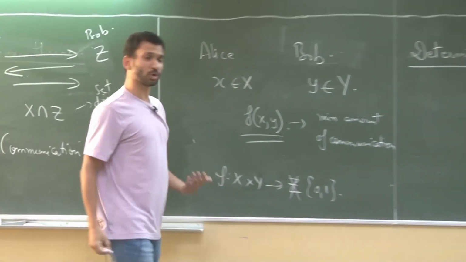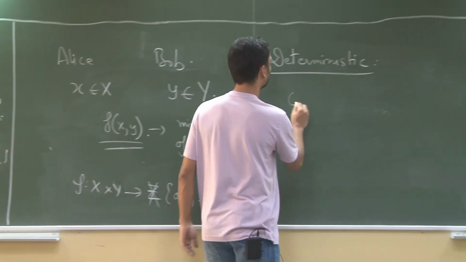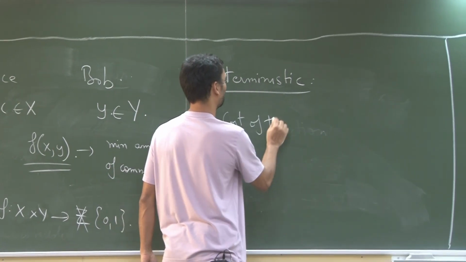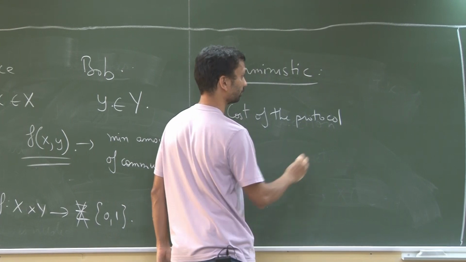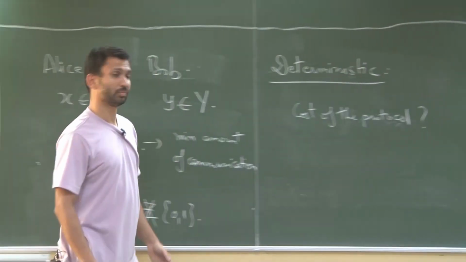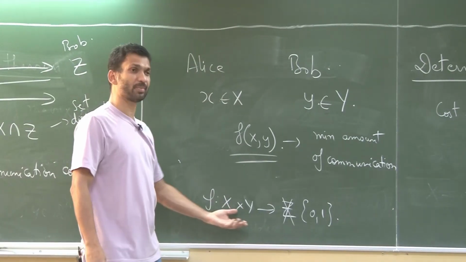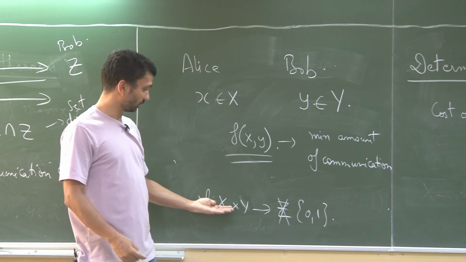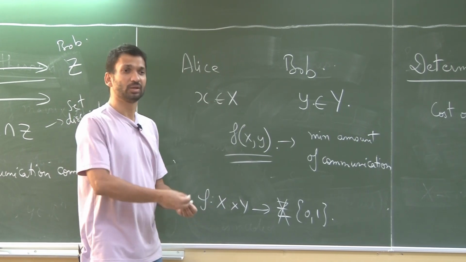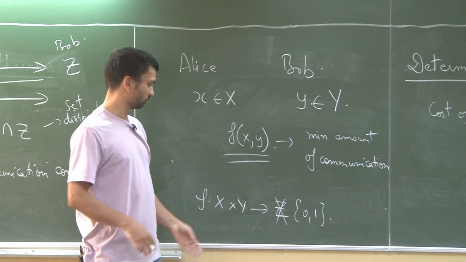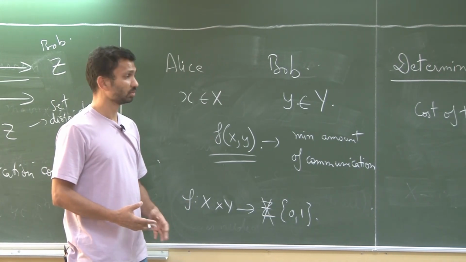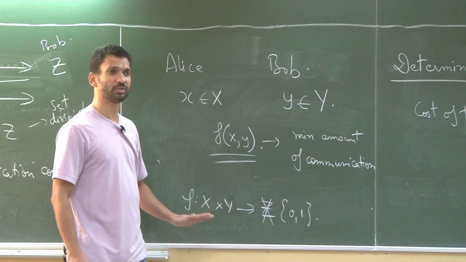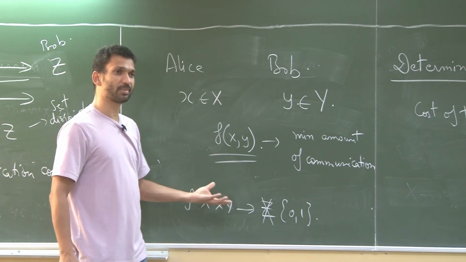what do I mean by the cost of the protocol? Because it might happen that on some x and y, my protocol sends only 1 bit of communication. For some x and y, it sends 100 bits of communication. So what should be my measure of how many bits am I exchanging?